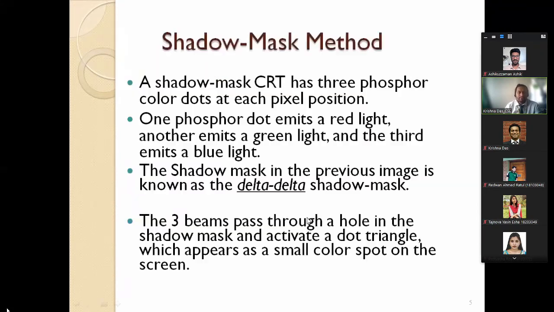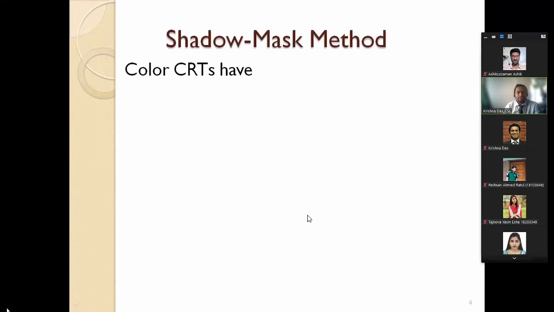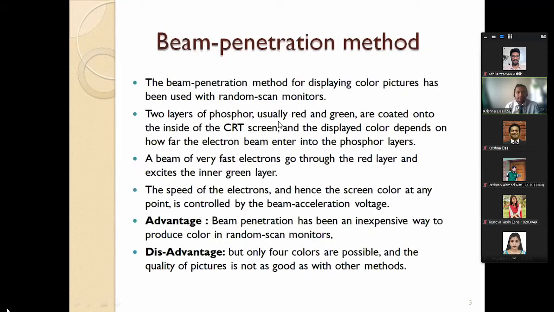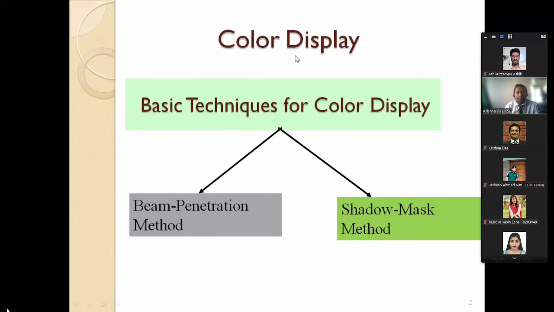So that's our 2 techniques that can be applied for color display. Okay, we are done as we are discussing color in this chapter. So we just did a quick recap. This is indicating the vector graphics color display. This is indicating the raster graphics color display.